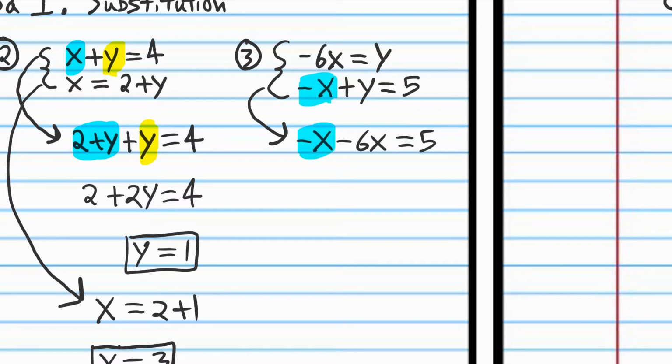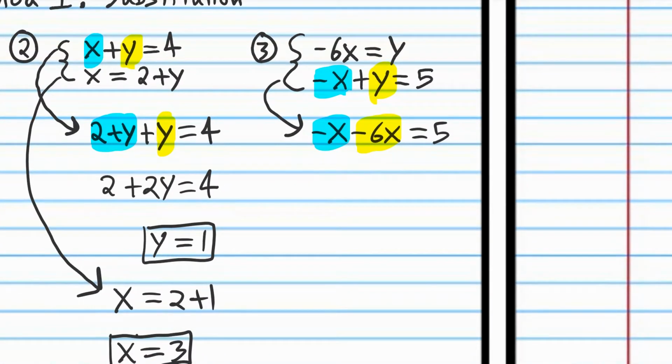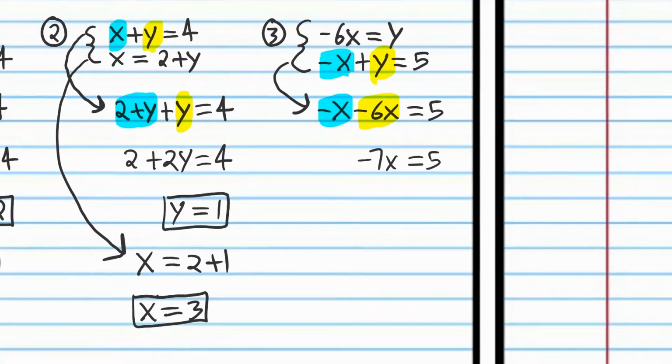So there you go. Again, hopefully that's helping you. So now we just simplify this equation. -x minus 6x is -7x. And you can see that if we divide both sides by -7, we're just going to end up with -5 over 7. So now we have a fraction.